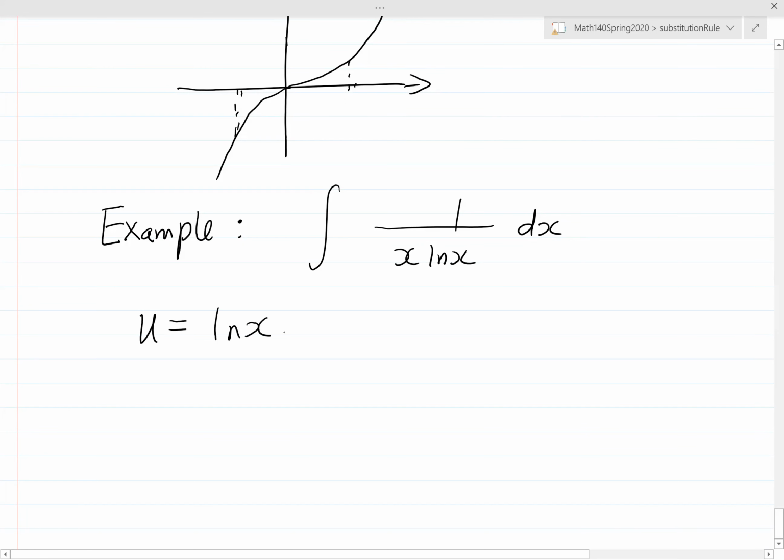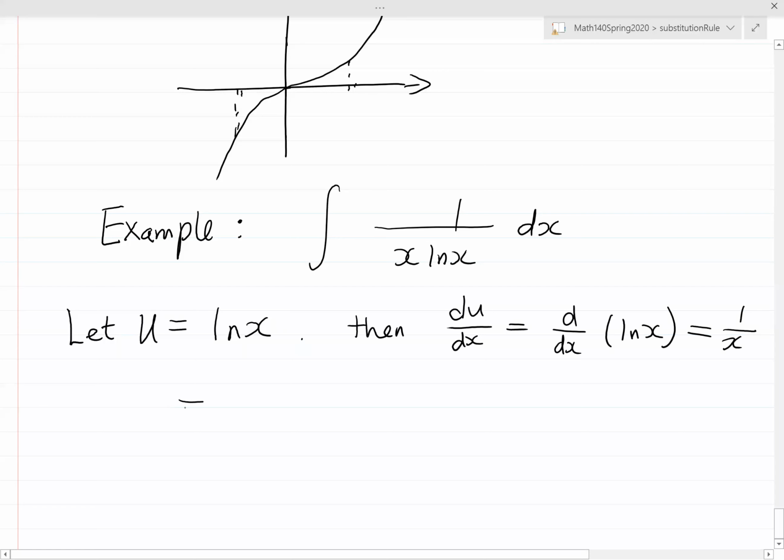If we let u be ln x, then du over dx is the derivative of ln x, which we already know is 1 over x.